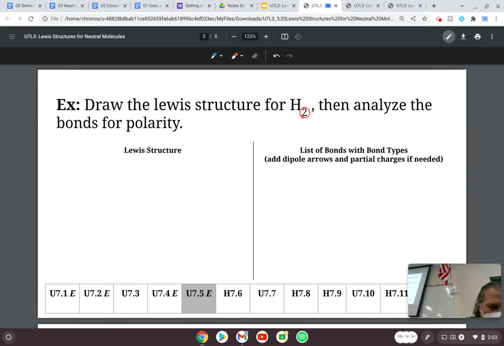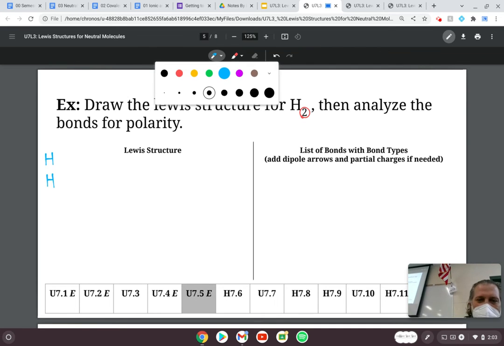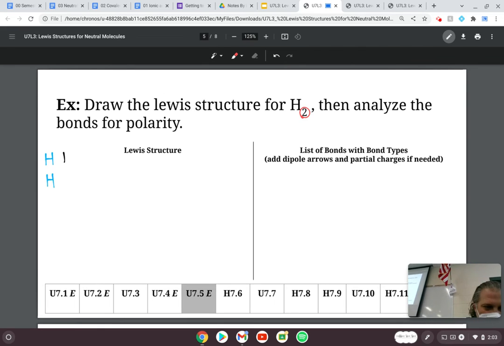So here we go. So in this instance, I have 2 hydrogen atoms. Each hydrogen atom, according to the handy-dandy periodic table, has 1 valence electron. And if I add them up, I have a total of 2 valence electrons to find a home for.